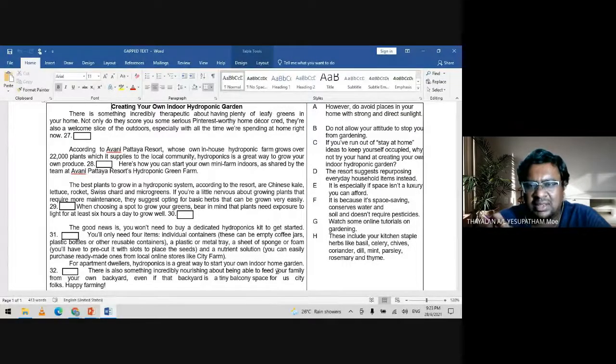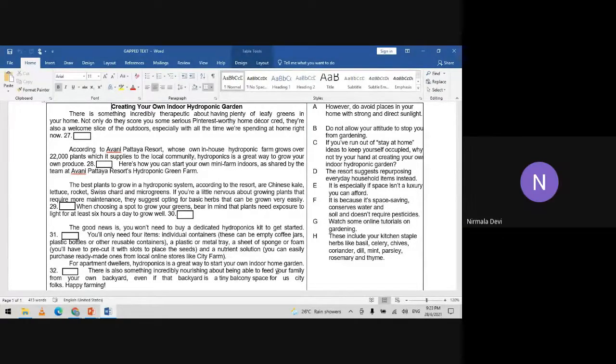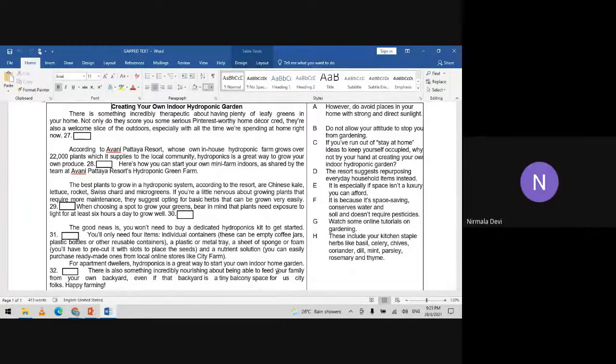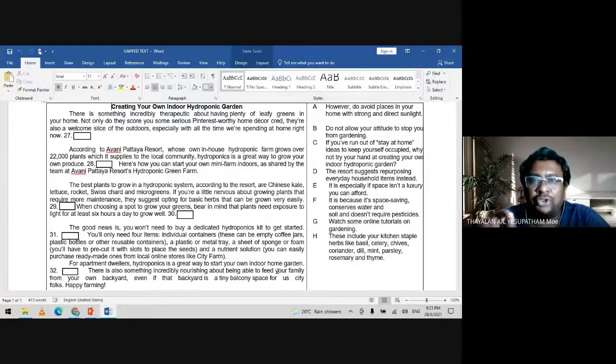It is because it's space saving, conserves water and soil, and doesn't require pesticides. Can that be relevant there? Hydroponics is a great way to grow your own produce.